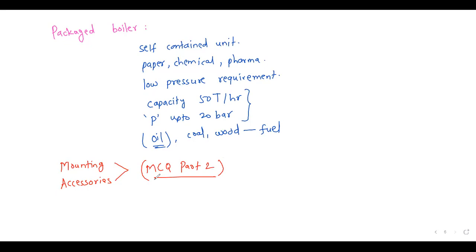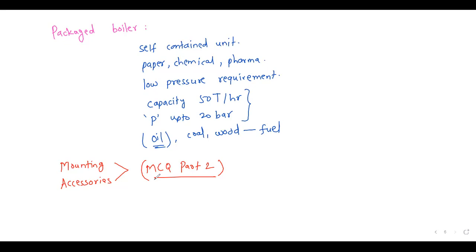Basically mountings are necessary devices required for safety and good control. Boiler mountings are necessary devices which are mounted on the boiler for its safety and its control.